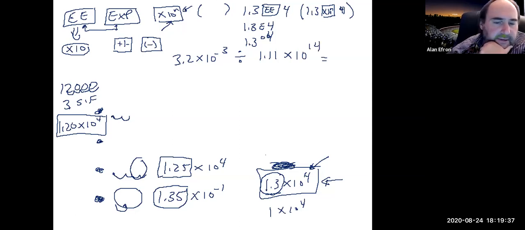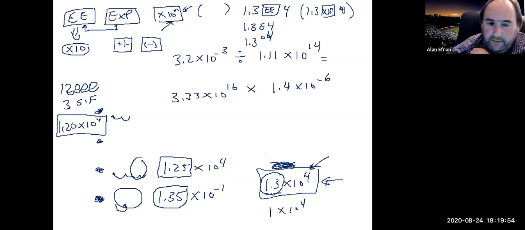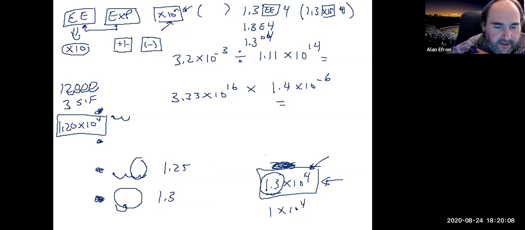And let's do 3.33 times 10 to the 16, multiply it by 1.4 times 10 to the minus 6 and see what you come up with. I'll do it as well and see if we end up with the right answers. So take a second and see what you get. Also try to put it with the proper number of sig figs on your answer there. Make sure you get it all correct. Just clear up some space while you do that.